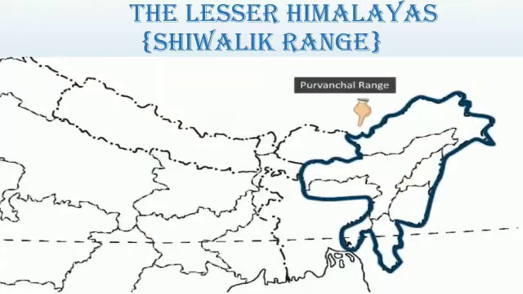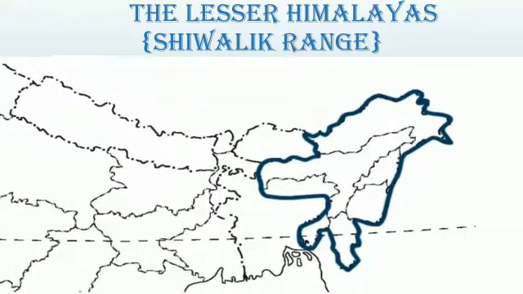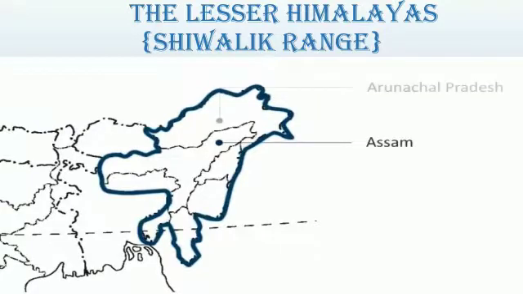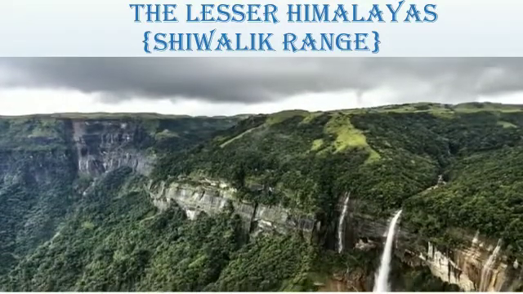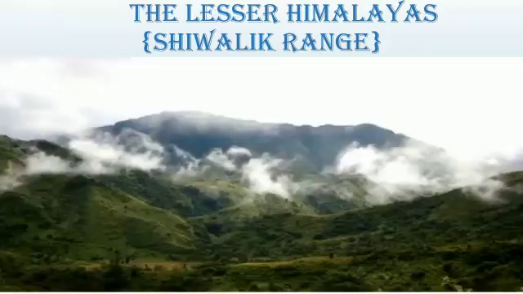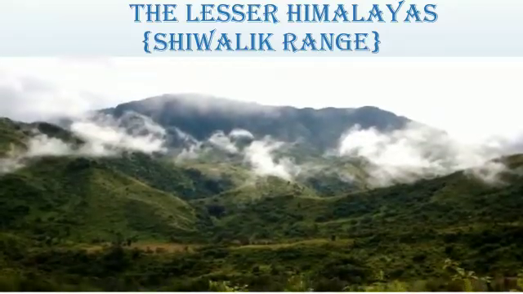The Purvanchal range lies to the northeast of India. It covers the states of Assam, Arunachal Pradesh, Manipur, Tripura, Nagaland, Meghalaya, and Mizoram. Garo, Khasi, Jaintia, Naga, and Mizo hills lie in the Purvanchal range.